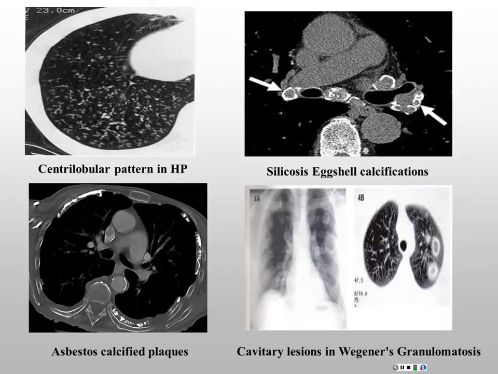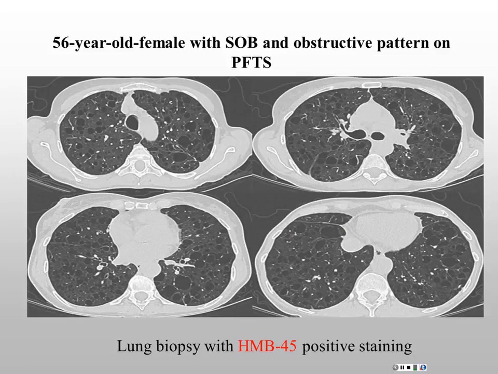Examples: hypersensitivity pneumonitis, centrilobular pattern. We have to know the pattern of different diseases on the high resolution CT, but this is beyond your exam level. For example, here we have asbestos-related calcification, eggshell calcification because of silicosis, and Wegener granulomatosis with cavitation.